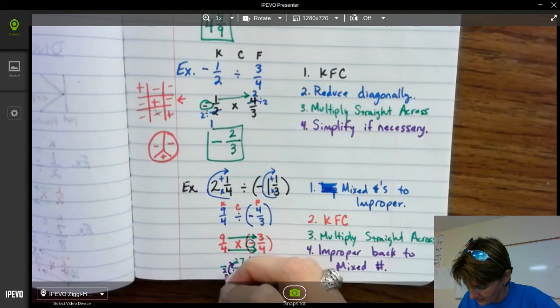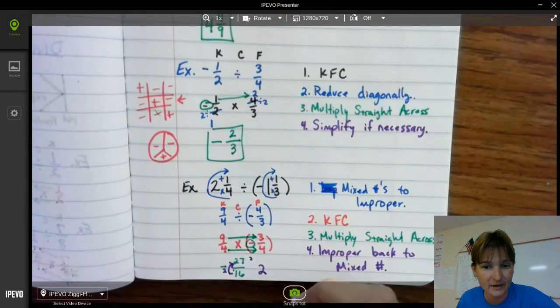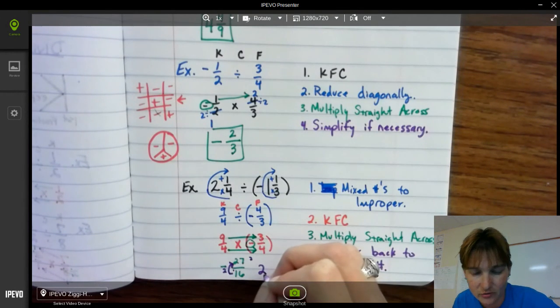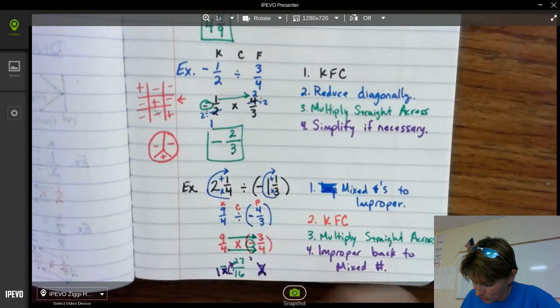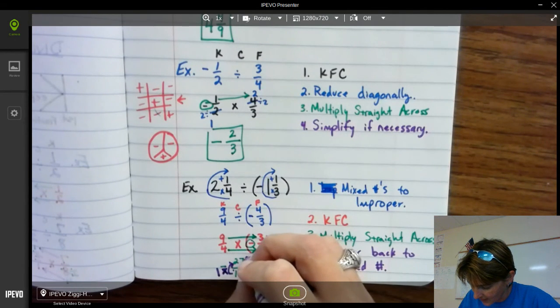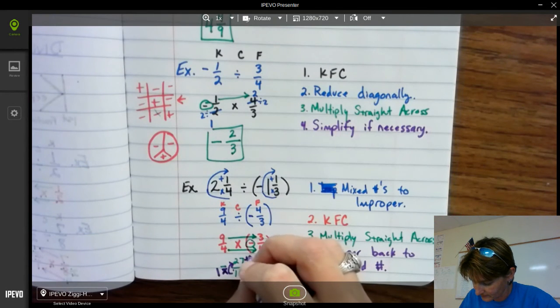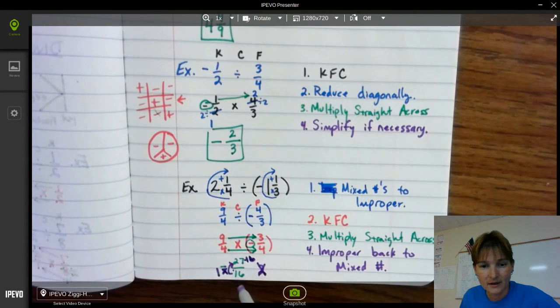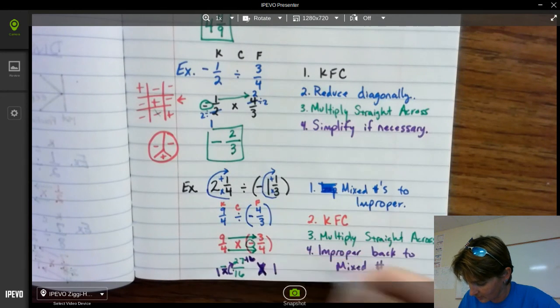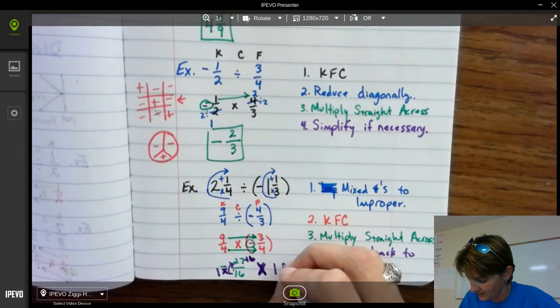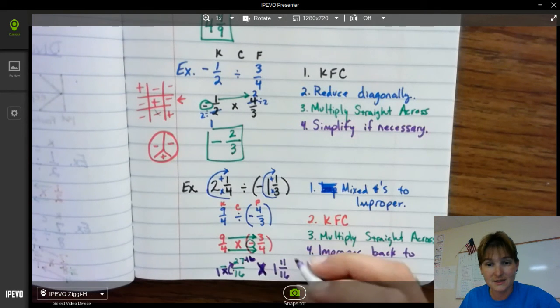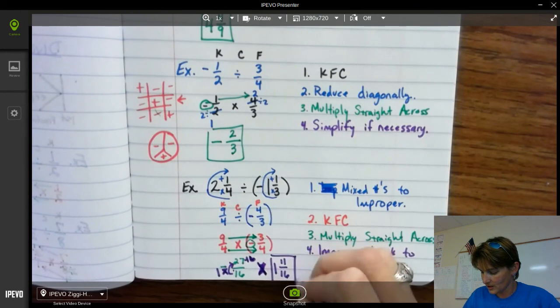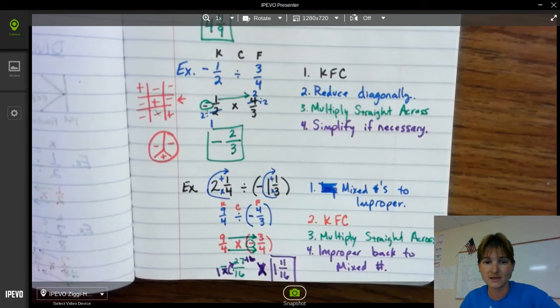Okay, if you carry the 1, 2 times, oh, nope, it's just 1, isn't it? My bad, I got it wrong. So it is just 1 whole time. So we're subtracting 16. Okay, so 27 minus 16. So there's my 1 whole. 27 minus 16 is 11. And the denominator stays the same, 16. And your answer is negative 1 and 11/16.